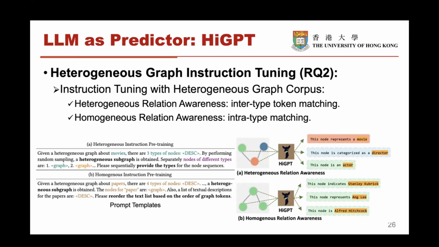So we can confirm that with our instruction tuning with a heterogeneous graph corpus, without any labels, we could align our HiGPT or GraphGPT. So our HiGPT or GraphGPT could align the graph structure data with the LLM's reasoning ability.